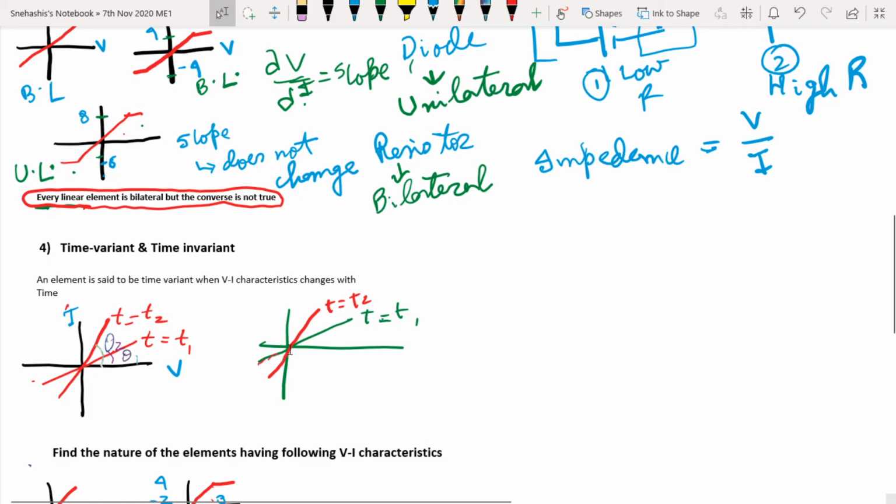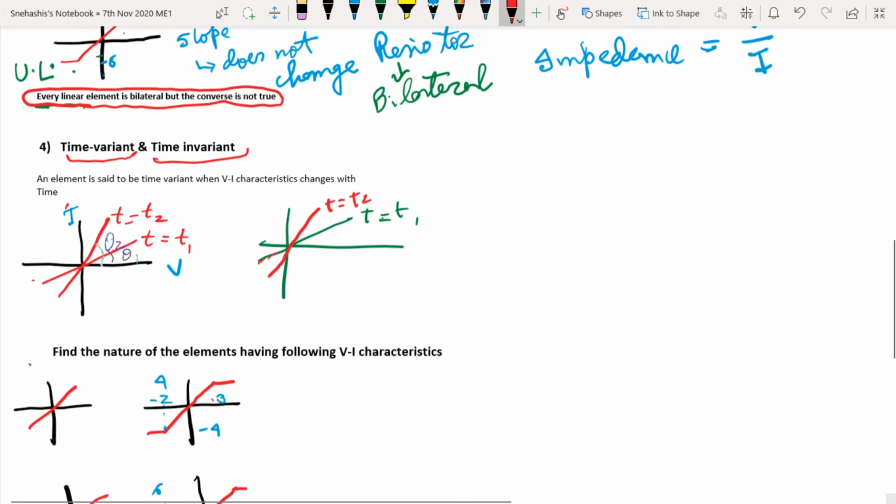If at every instant, t1 or t2 or anything, the characteristic was the same, then it would be a time invariant element. But as you can see, with change in time the characteristic changes, the slope changes, the characteristic as a whole is not the same as the previous one, so that's why it is said to be time variant. So that is the classification of elements.